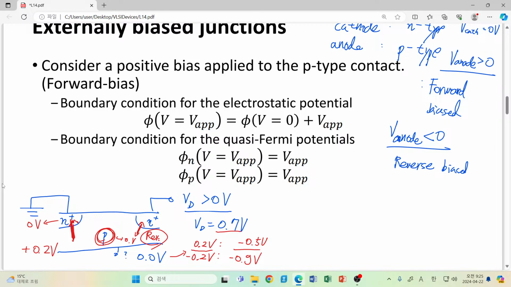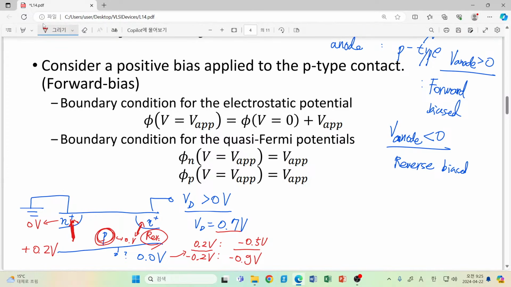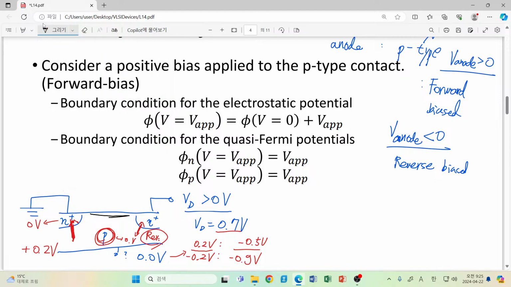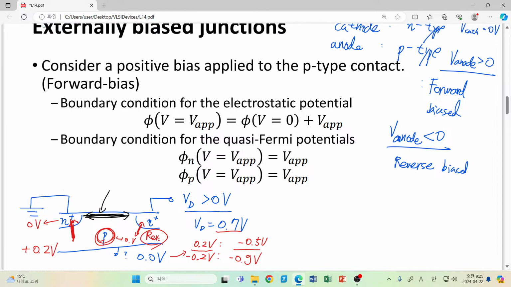This is not a desirable situation. The only desirable current conduction is between source and drain. This is the designated current path we want, and any current conduction between source and substrate or drain and substrate should be minimized. So this is a very bad situation.